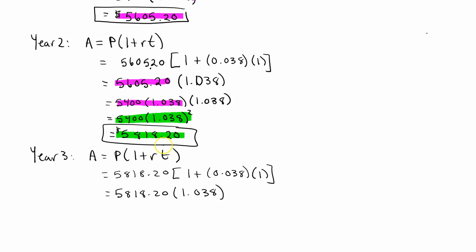Hold the phone though, guys, because 5,818.20 is the same thing as 5,400 times 1.038 squared. So let's substitute that in.